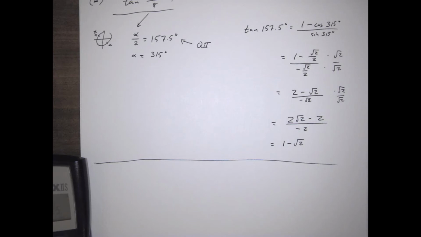So that's how that would have to go for a tangent. And to do any of the others, you just use the appropriate formula. You just have to know what to plug in. You make alpha over 2 your given angle. That's the important thing.